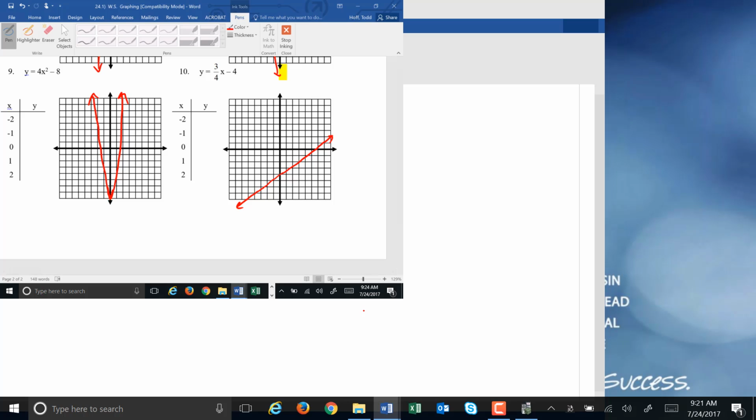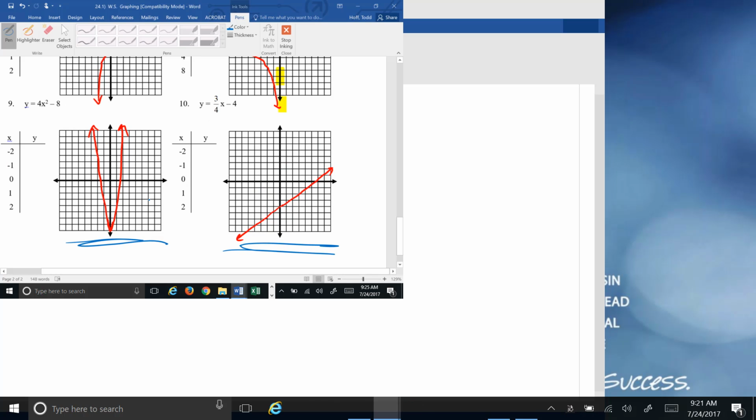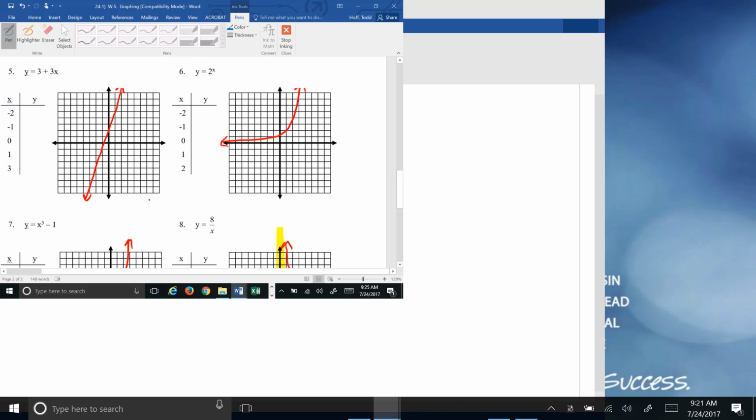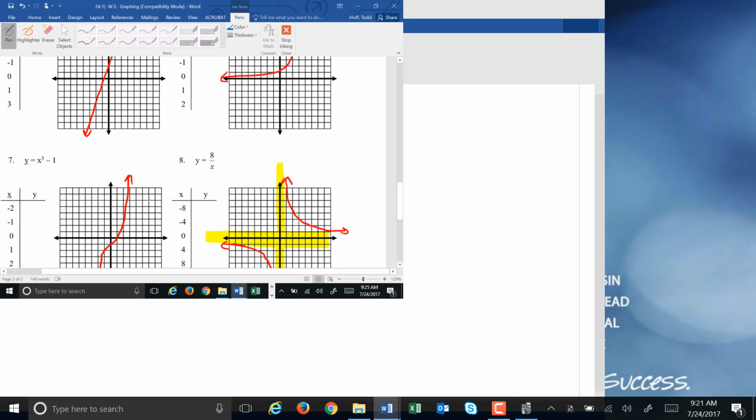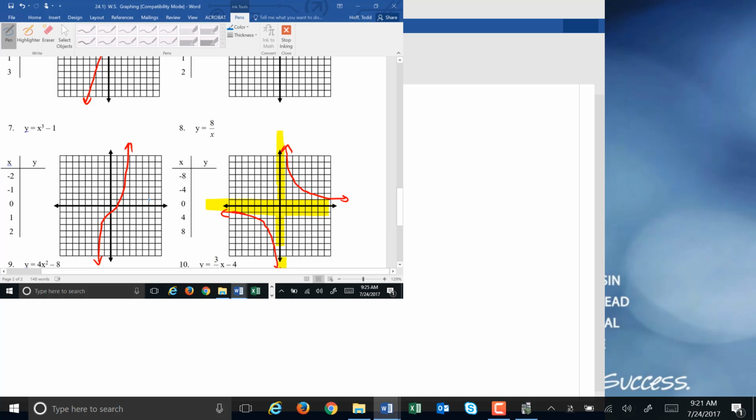So the big question we want to start out exploring today is, how do we know which ones are going to form lines like this and which ones are going to form curves that are not lines, like number 9? So as we look through this, obviously both 7 and 8 here did not form lines.